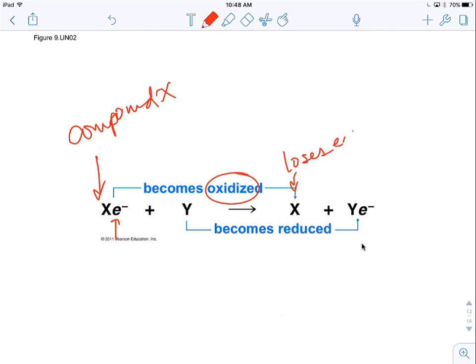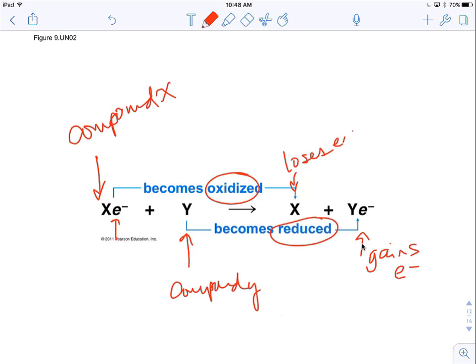Okay, oxidized, you lose an electron. Compound Y, not yttrium, becomes reduced because it gains the electron that compound X lost. Okay. All right. So if you lose an electron, you become oxidized. If you gain an electron, you become reduced.